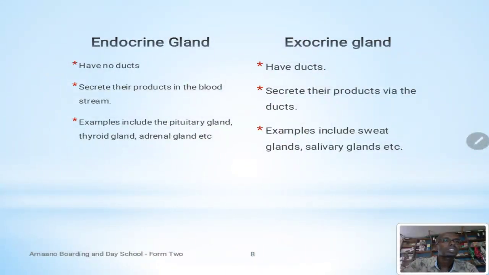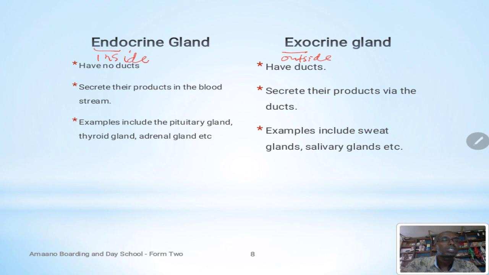Finally, let's look at the difference between the endocrine glands and exocrine glands. Endo means inside. Endo means what? Inside. And exo means outside.